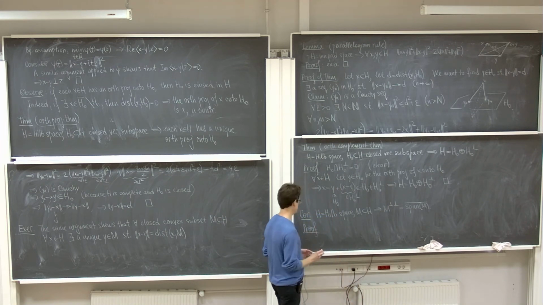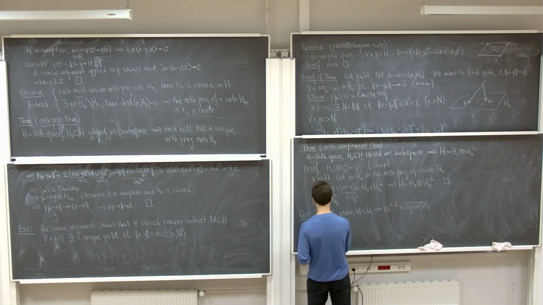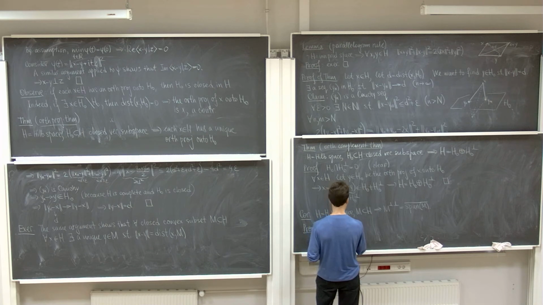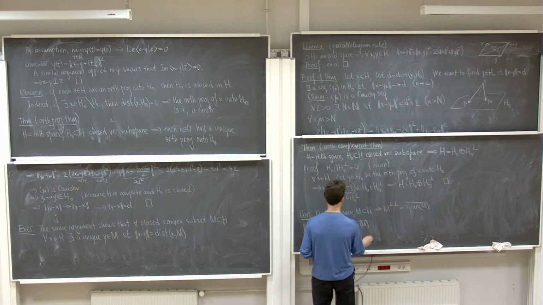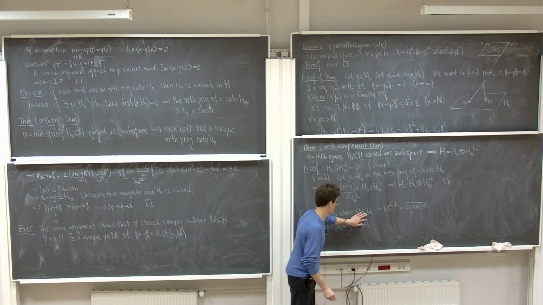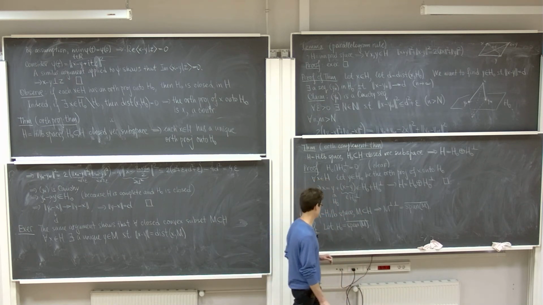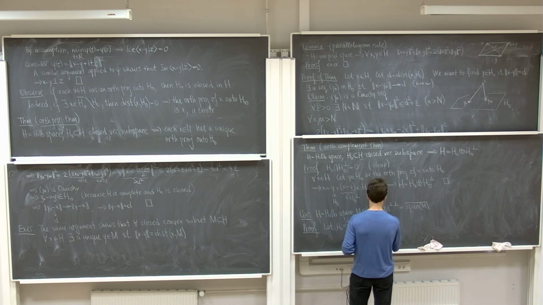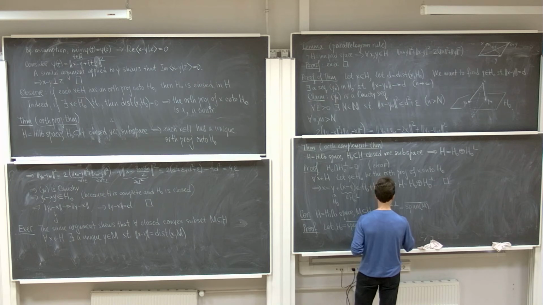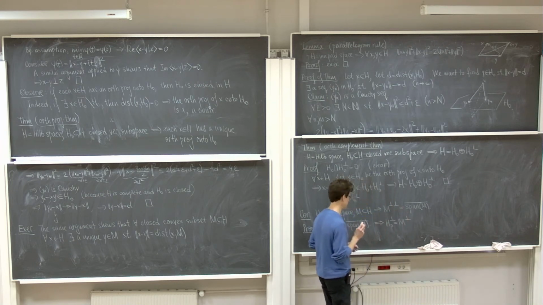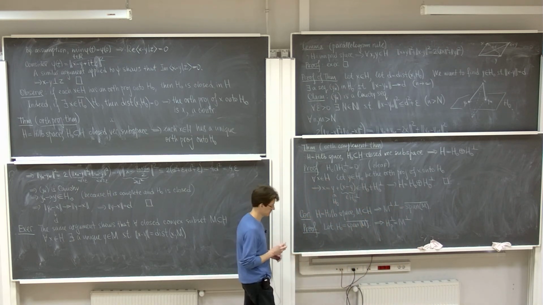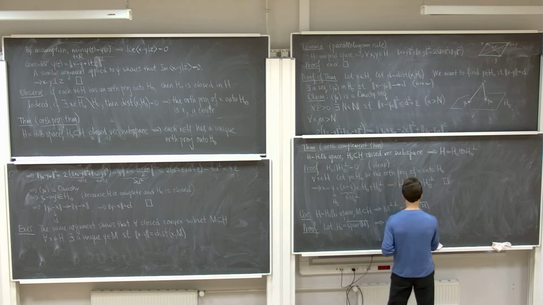To prove this equality, we denote by H0 the closure of the linear span. So this is a closed vector subspace of H. And we already observed that the orthogonal complement of H0 is equal to the orthogonal complement of M. And so the same is true for the double orthogonal complements.